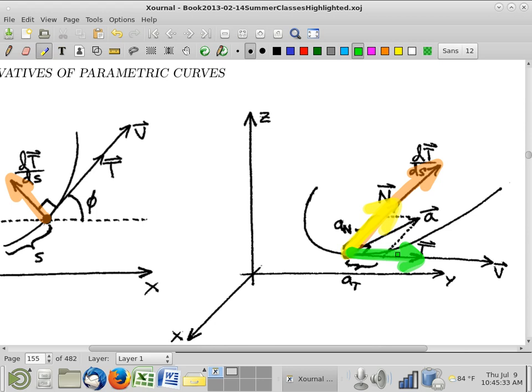These two vectors, N and T, are perpendicular, unit length, and therefore make a nice little reference frame for how to talk about various little vectors that are involved here. And the calculations y'all are going to go through are going to talk about how, using N and T, you can relate the acceleration vector and the velocity vector to help you compute dT/ds.